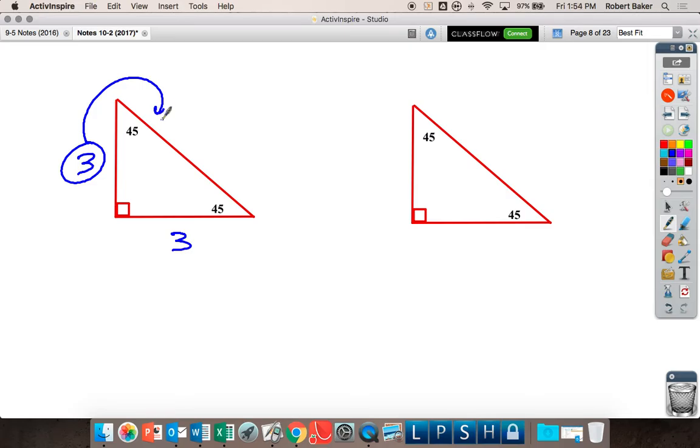So what's the answer going to be? Too much? Too fast? 3 times the square root of 2 is... Can I see a pattern? Okay, let's try another one. 19. How big is this guy going to be?